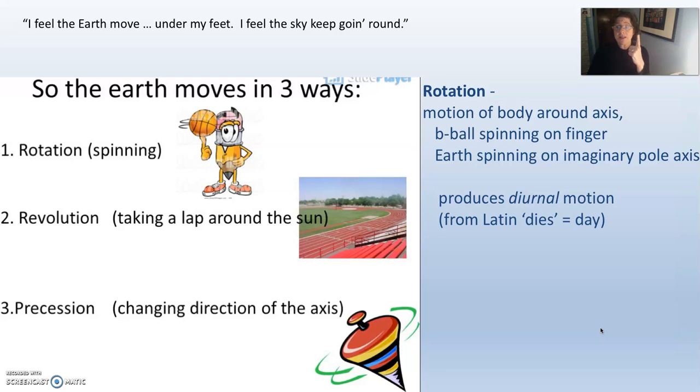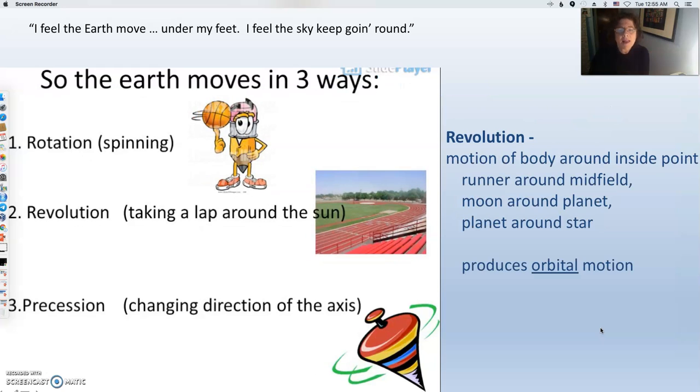It rotates around an axis every day. It revolves around the sun every year, and it precesses, which means it wobbles around its axis while it is in orbit.